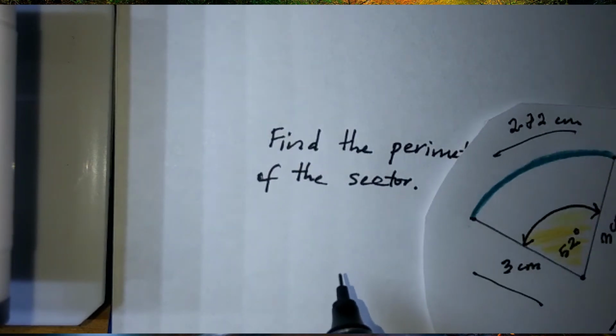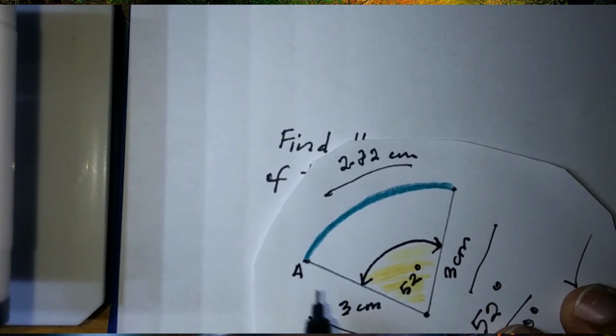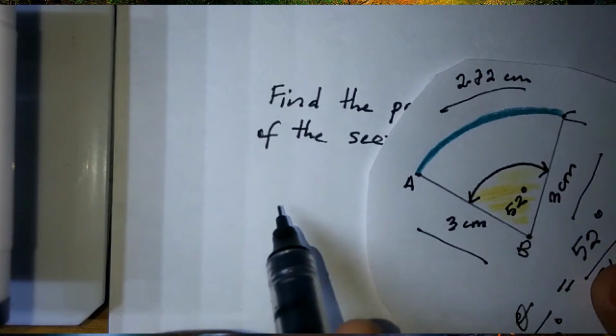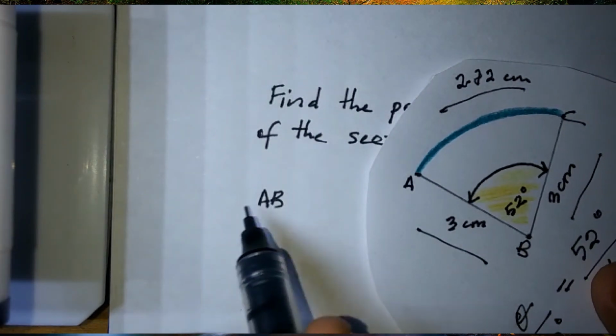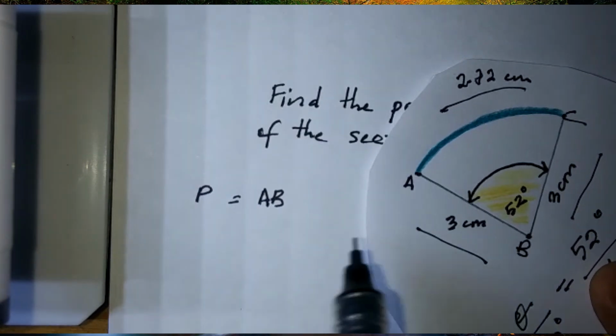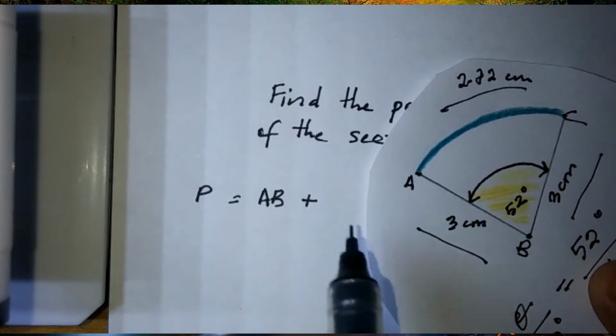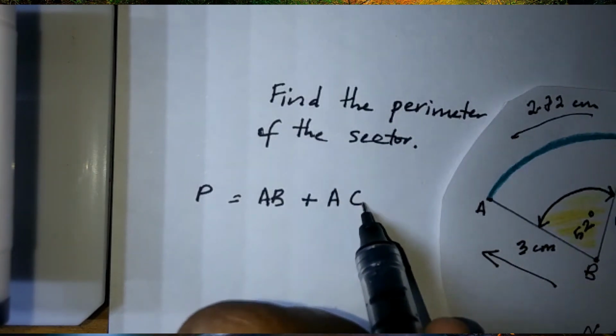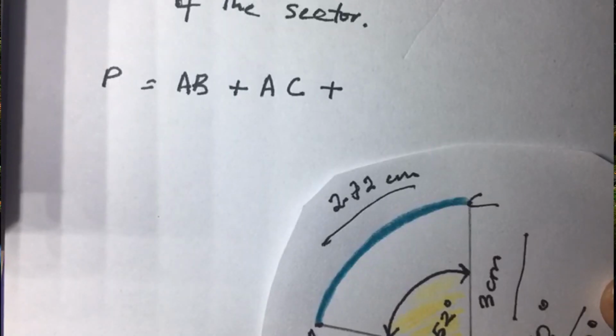So to find the perimeter of this sector, I have to add up all the sides. Let me label it A, B, and C. The perimeter would be side AB plus AC plus CB. You have to add up all the sides.